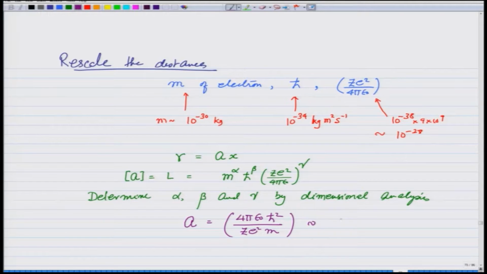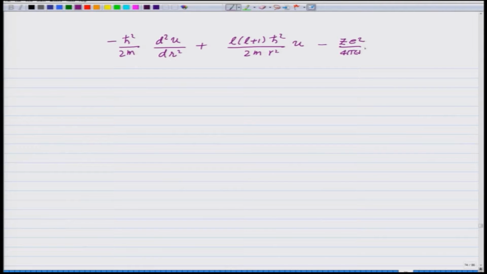This is of the order of the Bohr radius, or 10 raised to minus 10 meters. So, now I am going to write r in terms of this a. So, I have minus h cross square over 2m d2u over dr square plus L(L+1) h cross square over 2m r square u minus Z e square over 4 pi epsilon 0 u over r equals minus mod E u.